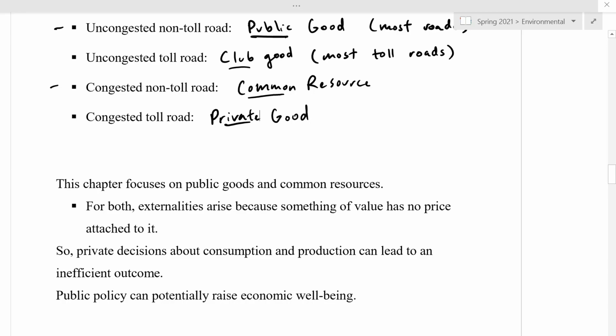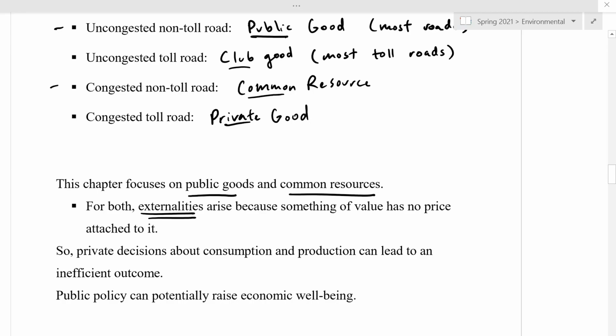And ultimately, public goods and common resources have externalities, and that's how this is attached to our last set of videos. Because there's something of value that has no price attached to it, and if you just let the market do its own thing, it's going to leave an inefficient outcome.